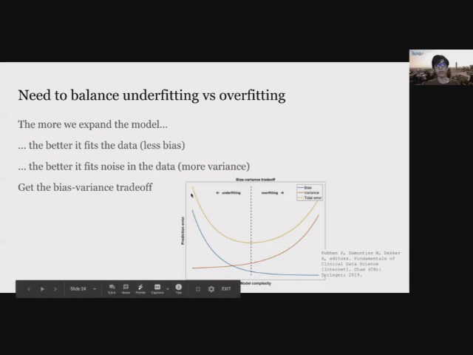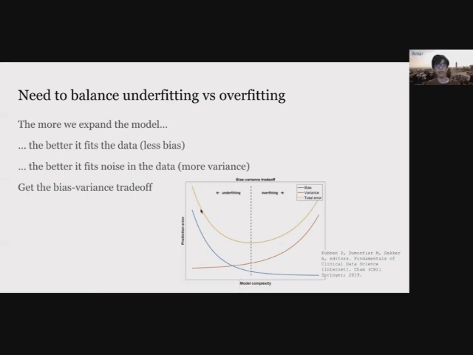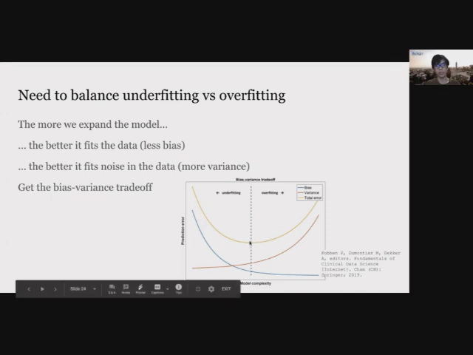The total error, which will be the test error, is going to be the sum of the variance plus the bias squared. This is exactly true for squared loss, and in some sense, this is heuristically true for other loss functions. What you really want to find here is the sweet spot. You want to keep expanding the model until we hit this sweet spot here, which gives us the minimum total error.